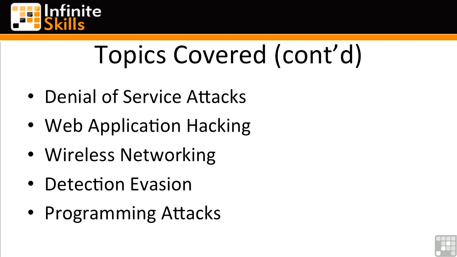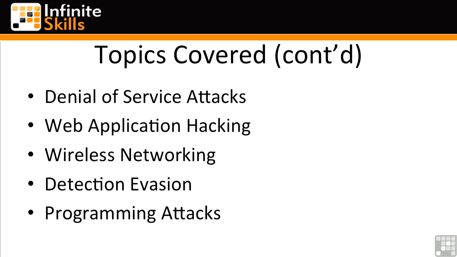We're going to talk about web application hacking and the types of tools that you would use during web application hacking, the different vulnerabilities that web applications have, and how to make use of and exploit those vulnerabilities. We're going to talk about wireless networking, how to probe wireless networks, what wireless networks are doing, and how to secure wireless networks.